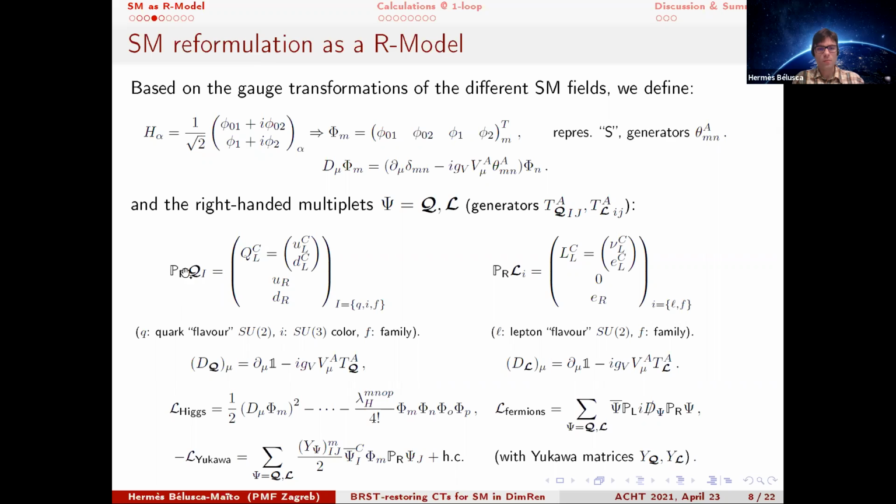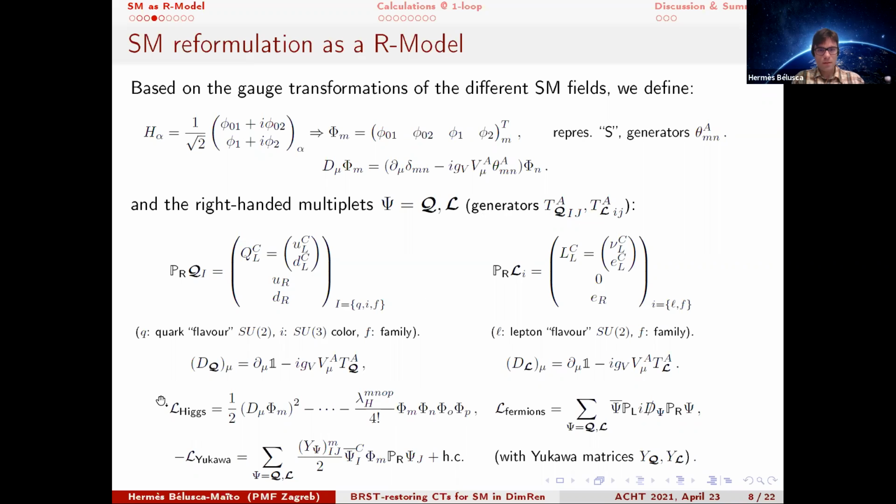But here I do the right-handed multiplet approach, where I take the charge conjugate of the original quark doublet, and I associate as well the individual up-type right quark and down-type quark. A similar construction can be done for the lepton multiplet, but because each of these components has a separate representation in the standard model for SU(2), these objects have a separate and reducible representation, their generators being denoted T_Q and T_L here.